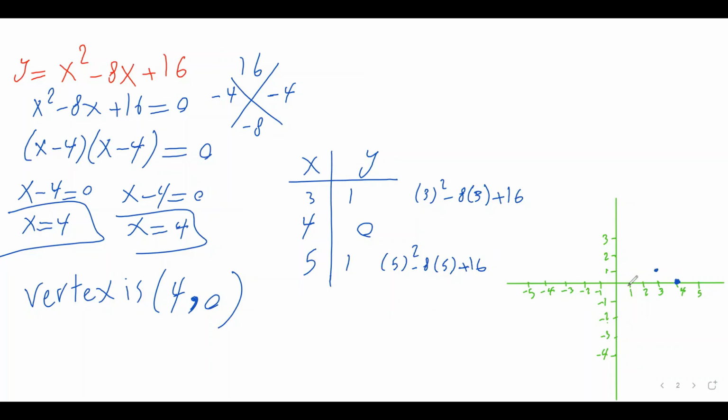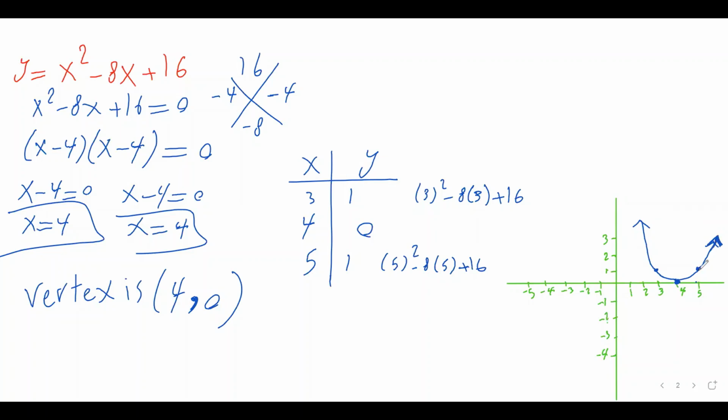This point is 5 and 1, so this is 5 and this is 1. Let's do this a little better. Okay, this is the graph of this quadratic equation. That's how we graph it.